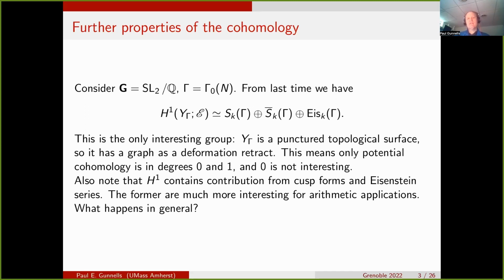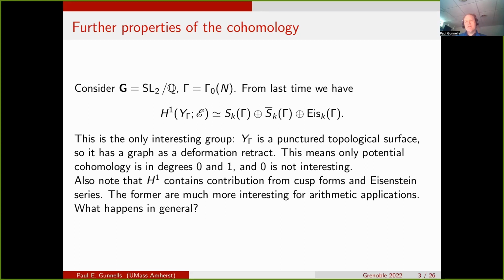And the Eisenstein series, on the other hand, are still modular forms, they're holomorphic at infinity, but they don't have that rapid decay. And from arithmetic applications, the cusp forms are much more interesting. The cusp forms are the sort of mysterious part of the cohomology. The Eisenstein series part is certainly not totally uninteresting. It's just that, from an arithmetic point of view, we understand it so much better than we do the cusp forms. Okay, but this is the picture for SL2 over Q.